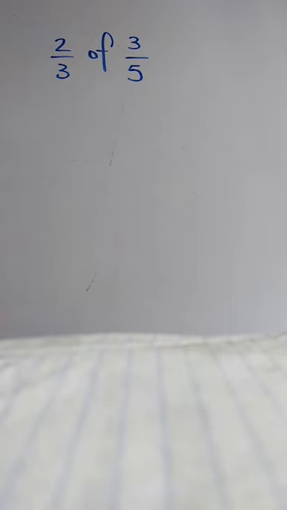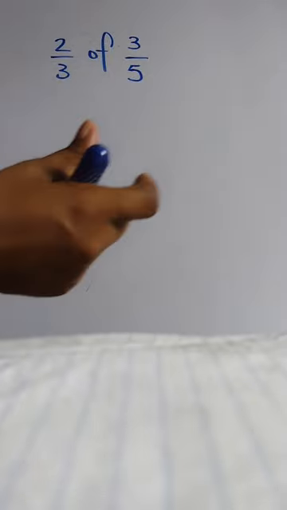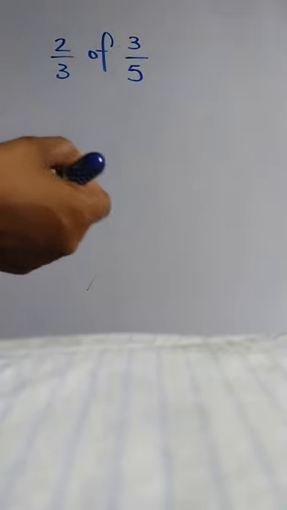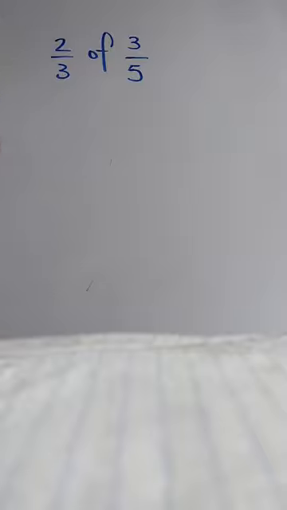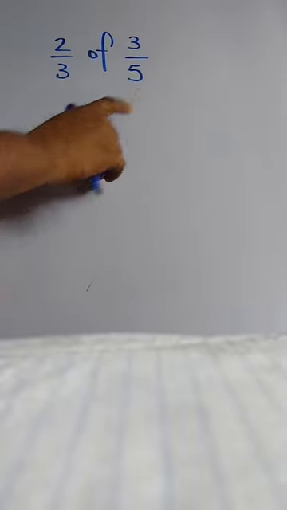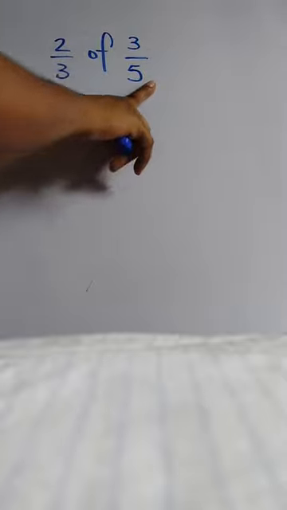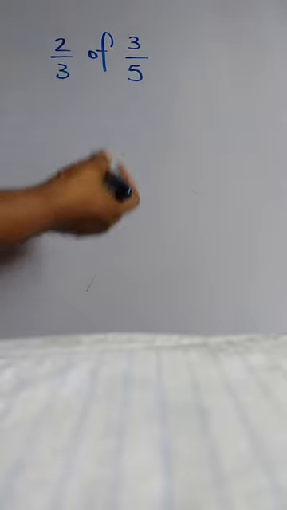All right, let's continue. Now we don't have a word context. We're just presented with the statement, what is 2/3 of 3/5? Notice when I'm stating the fraction, I read the fraction as what the fraction means. 2/3 of 3/5, which means this fraction was divided into 3 equal pieces and this one was into 5 equal pieces.